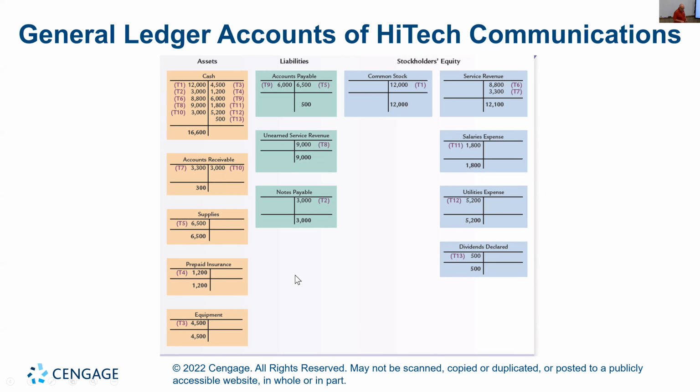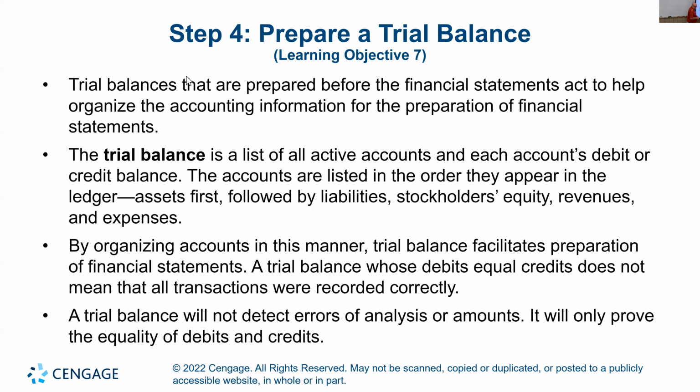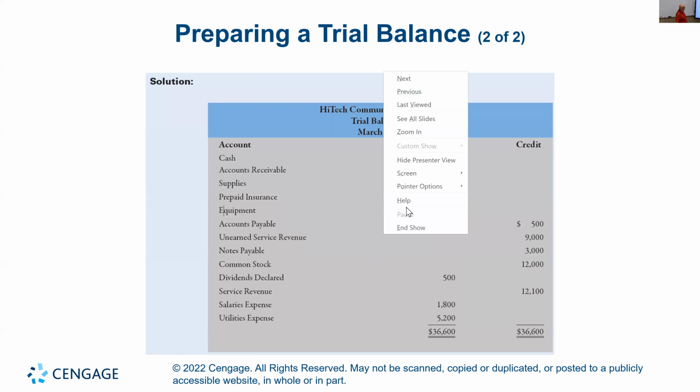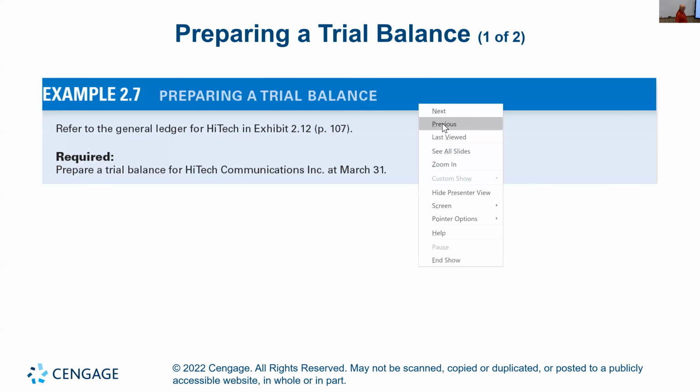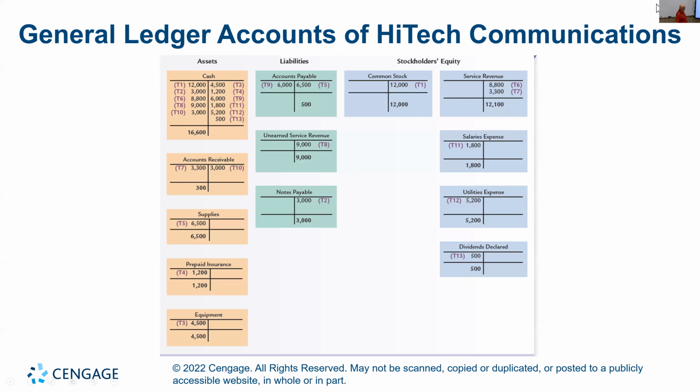So like for everything we did here in those transactions, look at our cash account up here. Okay. We make a T. And we write cash above it.